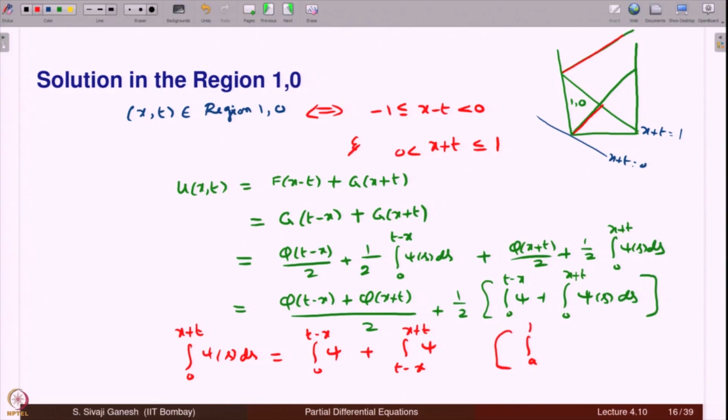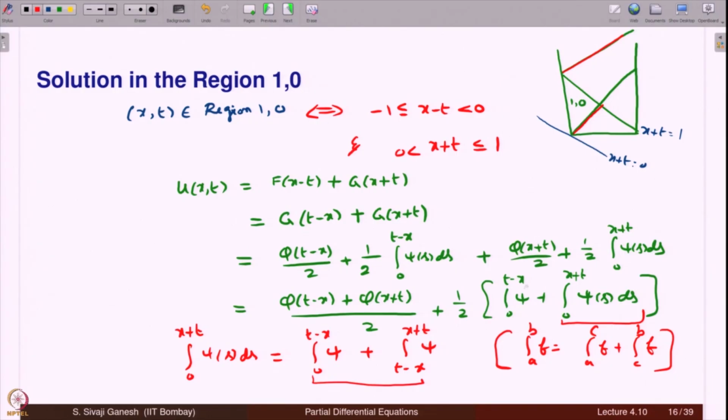We know integral a to b of f is always equal to a to c of f plus c to b of f. Whether or not c belongs to the interval a b does not matter, the only thing is f should be defined in such intervals, then we can always do this. So, with that I get this expression. Therefore, this term now becomes this, I will substitute it and see what we get.